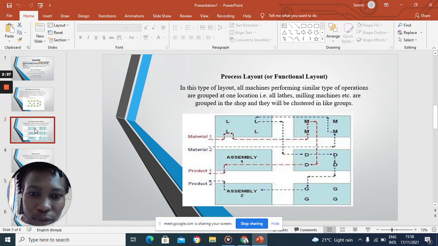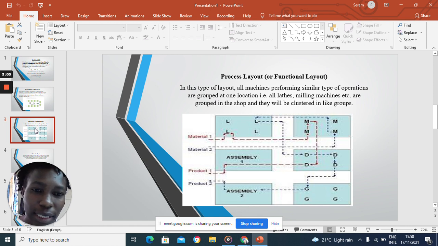The next layout is what we call process layout. So when you're going to design your factory, you lay out your machines in such a way that it is following the processes. What process is your food product going to follow? See that diagram? The materials come in at assembly number 1. That is where we're going to assemble our products.